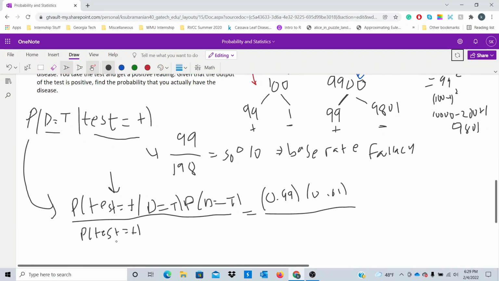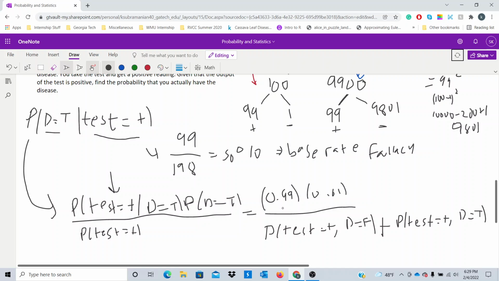Okay, let's figure out what probability of test positive means. So what are the ways you can test positive? Well, you could theoretically test positive and not have the disease, right? That would be a case of a false positive. You could also have the case where you test negative, but you do have the disease, so that'll be a false negative. Oh, actually, you could test positive and you do have the disease.